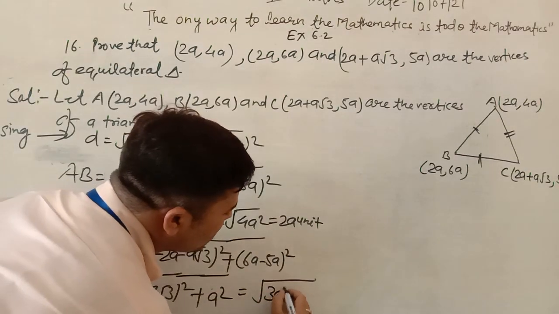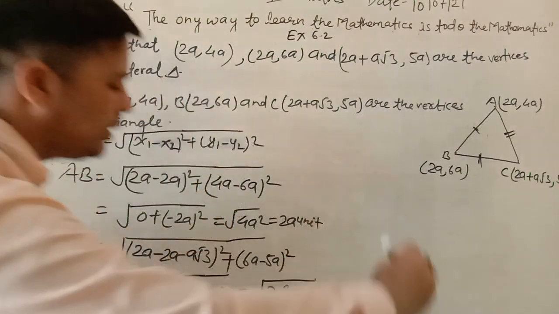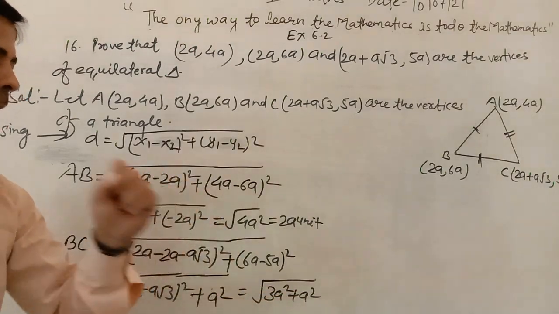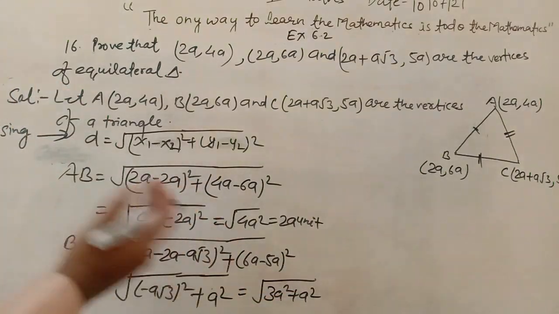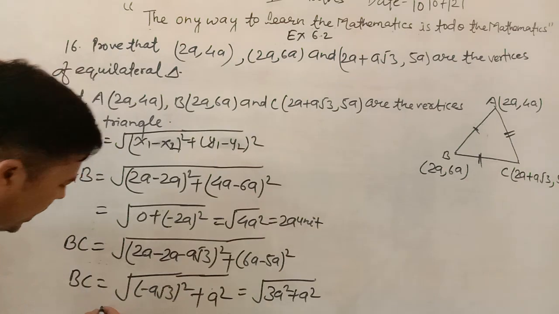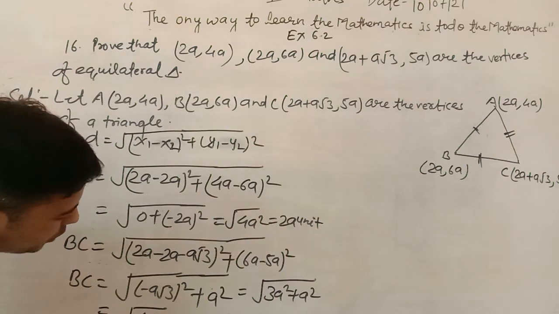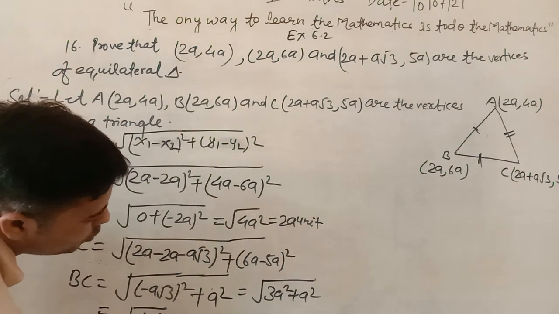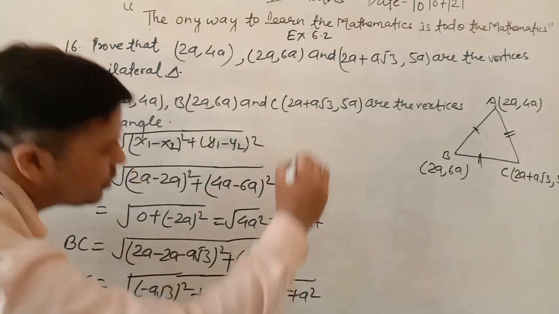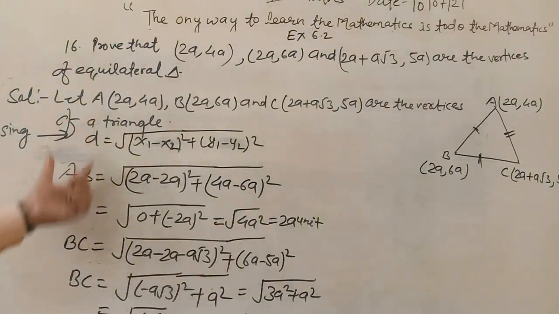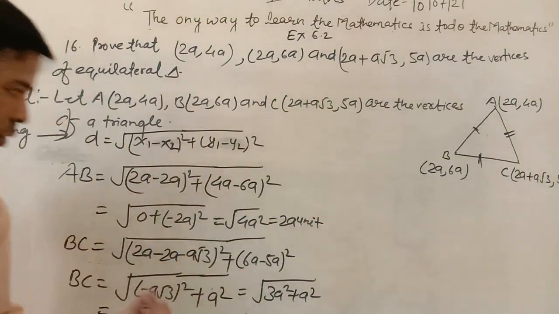So it is 3a square plus a square. Now 3a square plus a square gives you 4a square, under root 4a square, and its value is 2a unit also. Yes student, you see that the value of AB is equal to BC.